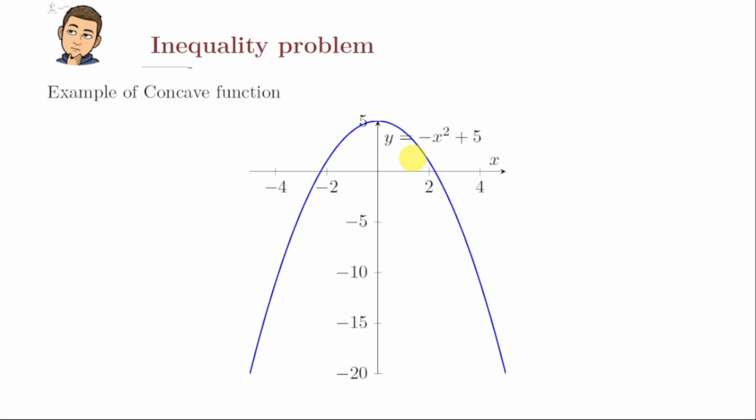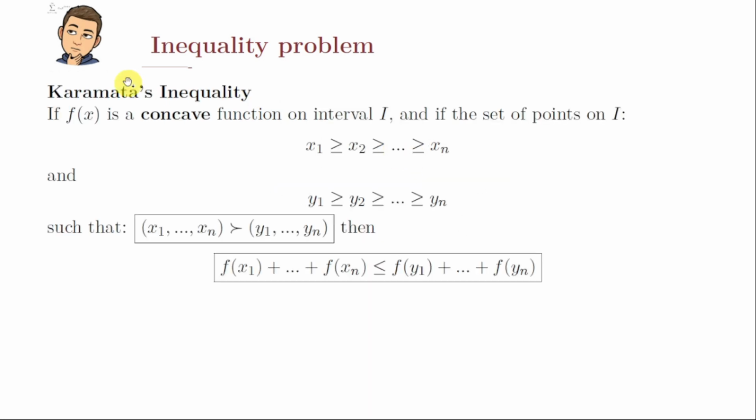Okay, so now let me explain what Karamata's inequality is. If we have a function f that is concave on some interval I, and we have two sets of points on I, for example, the set of points x sorted in descending order, x1, x2 until xn, and also the same number of points, another set of points y sorted in descending order, y1, y2 up to yn, such that the set of points x majorizes the set of points y.